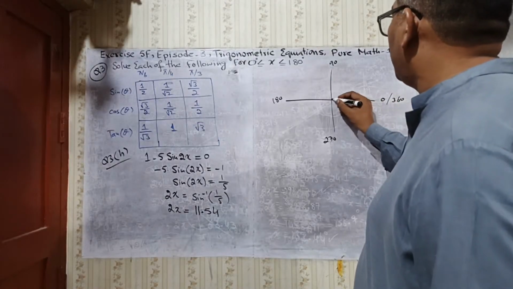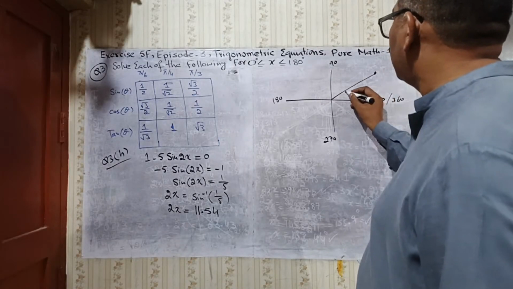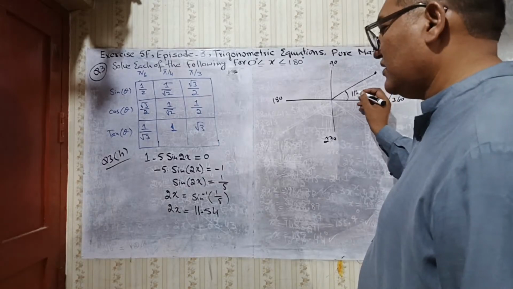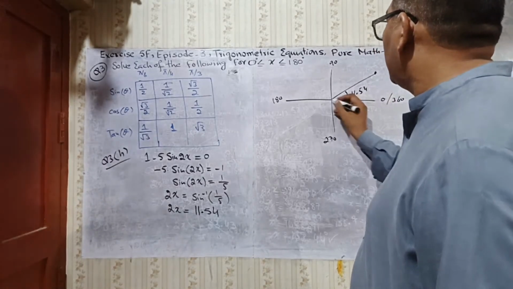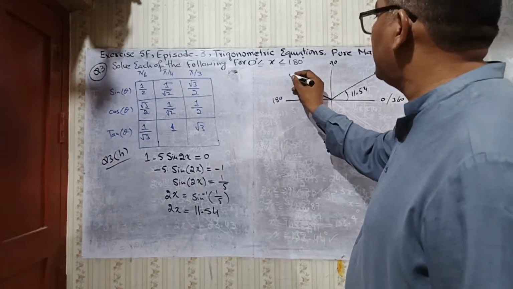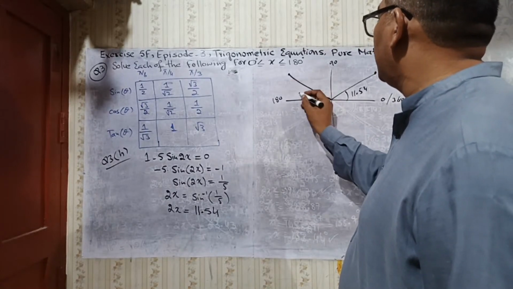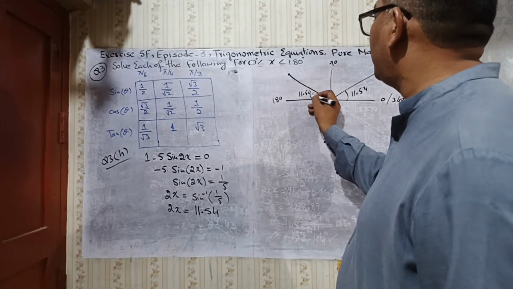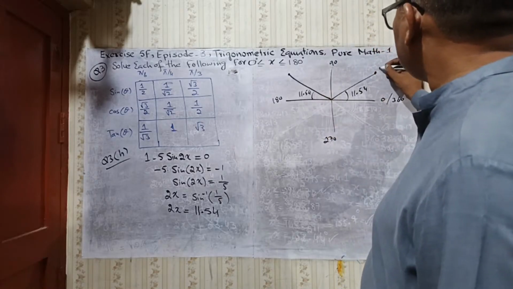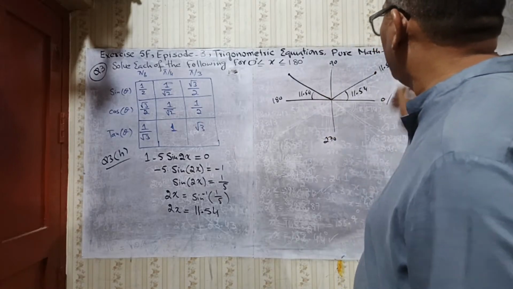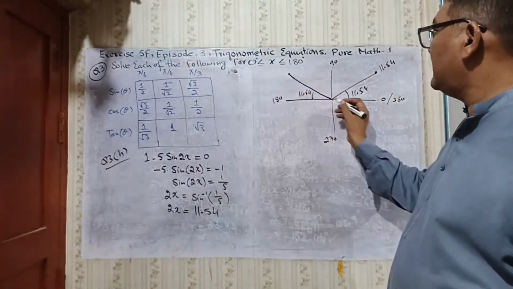In the first quadrant, this will be the angle, 11.54, the base angle. The same base angle will be here, 11.54. And this angle will be how much?